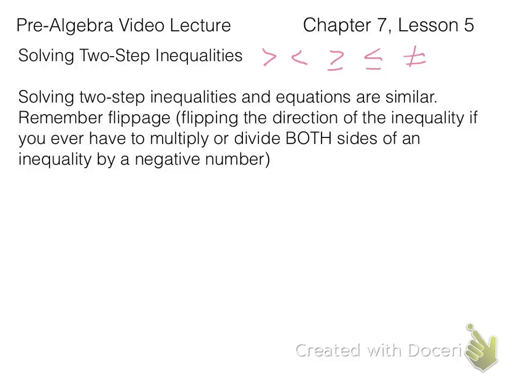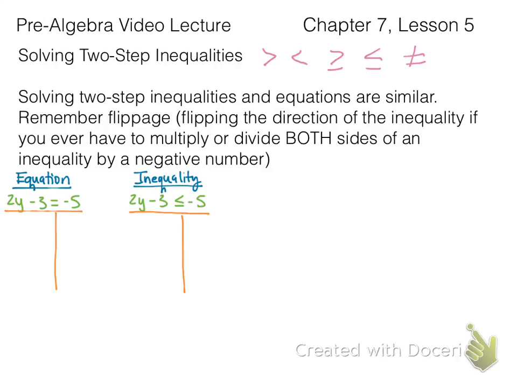All right, so let's go ahead and do a side-by-side comparison of solving a two-step equation and a two-step inequality. And you'll notice that the only difference between them is that one's going to have an equal sign and one's going to have an inequality. So we have 2y minus 3 is equal to -5, and we have 2y minus 3 is less than or equal to -5. And I'm going to do them side by side so you can see the comparison.